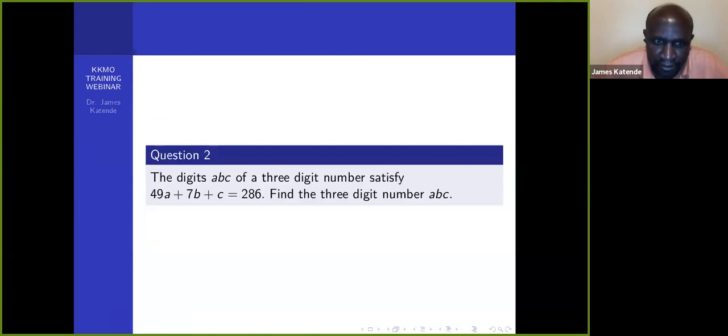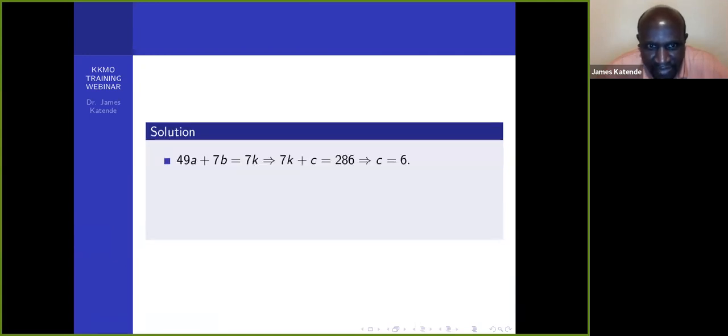These are both divisible by 7. That is one thing you will note, and we shall use that fact. 49 and 7 are both divisible by 7. So that means if you add these two numbers, 49A plus 7B, you can write them as a multiple of 7.